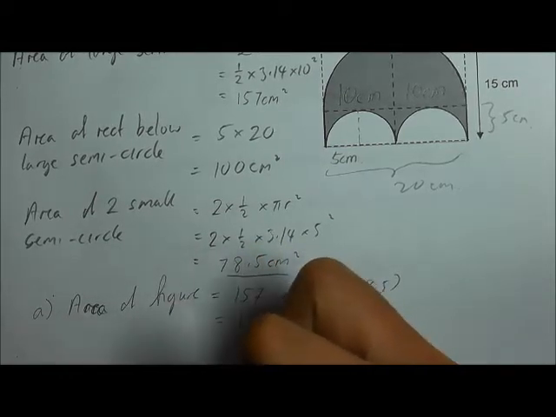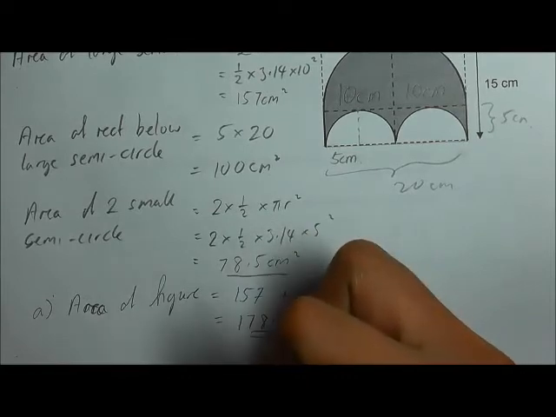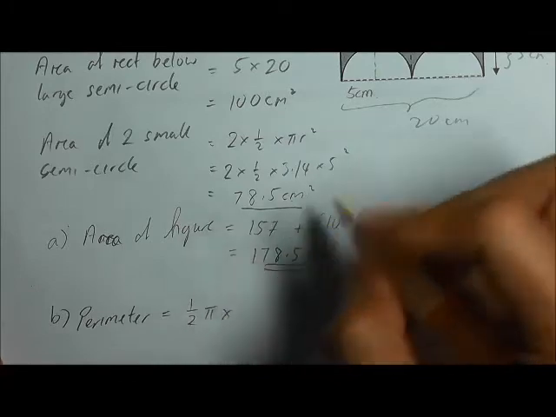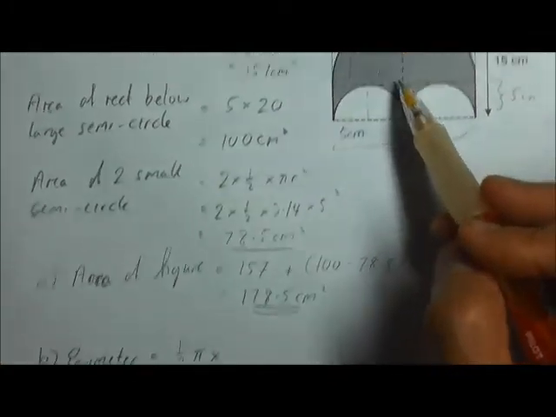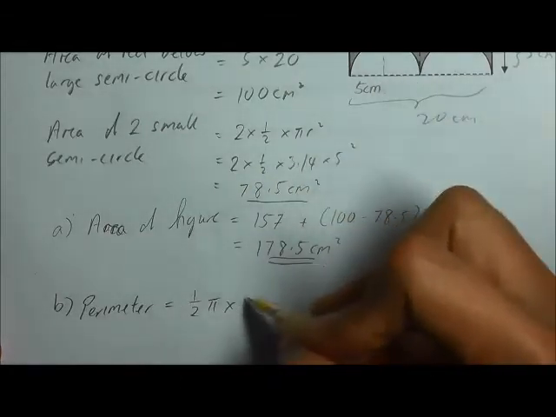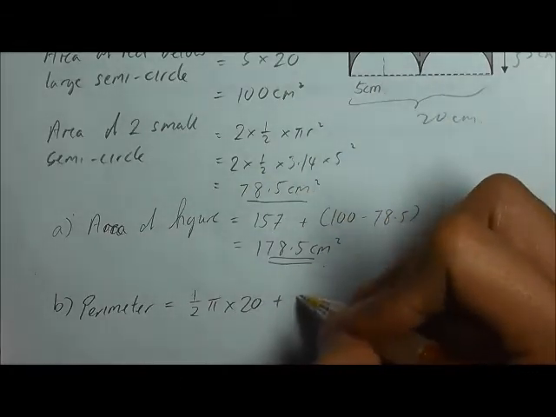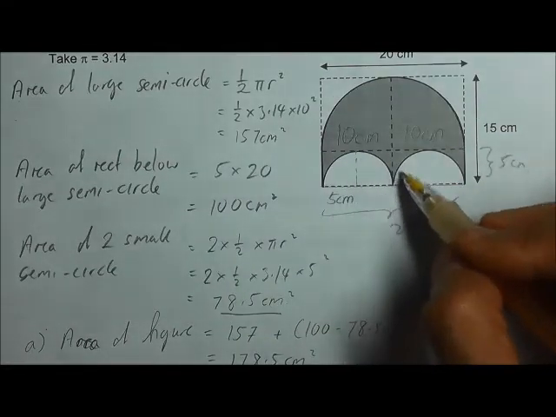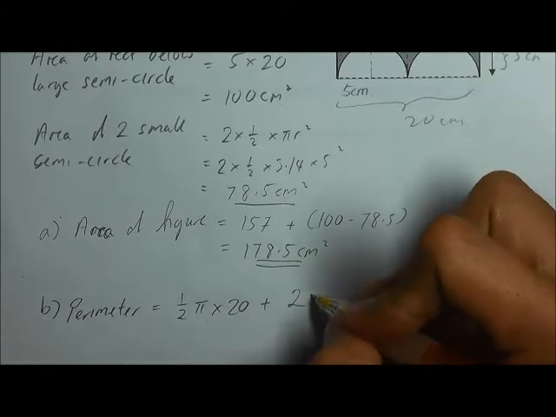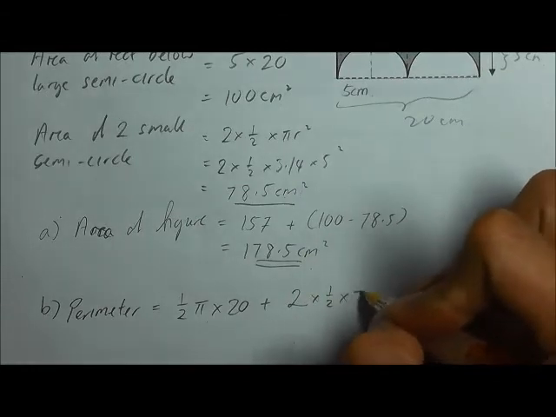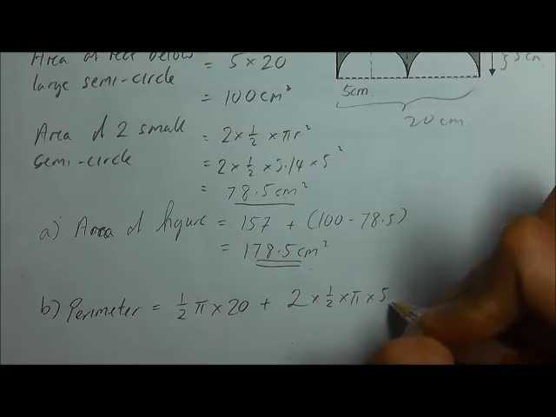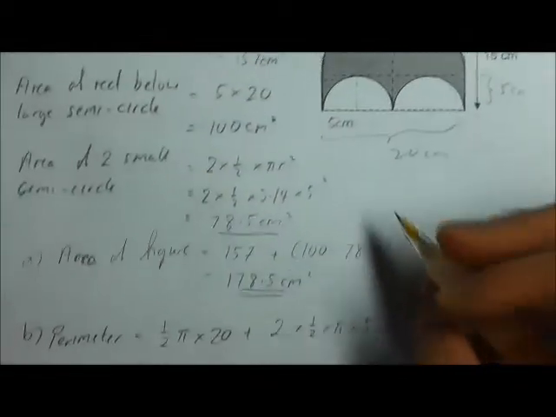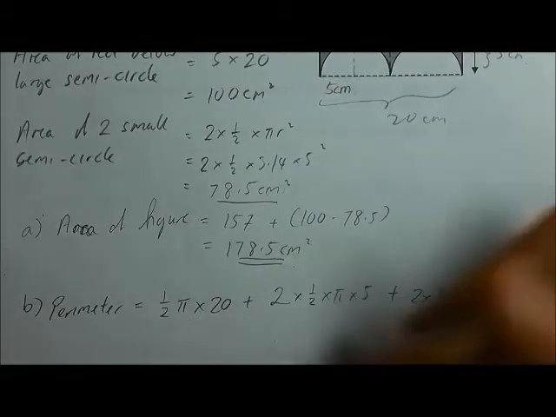Perimeter is equal to half pi d, where d is the diameter of the big semicircle, plus 2 times the arc of this semicircle, so it will be 2 times half times pi times the radius, which is 5 cm, and plus the two straight lines here, 5 cm and 5 cm, so plus 2 times 5.